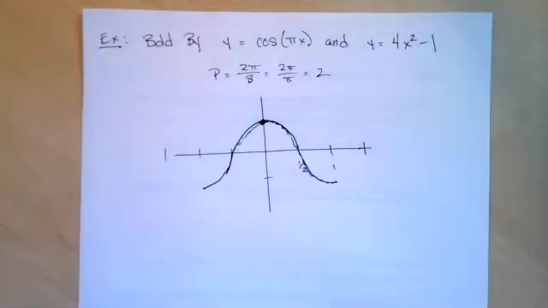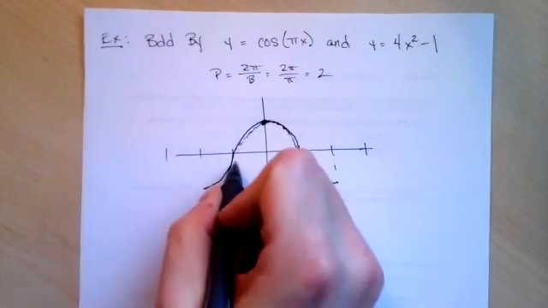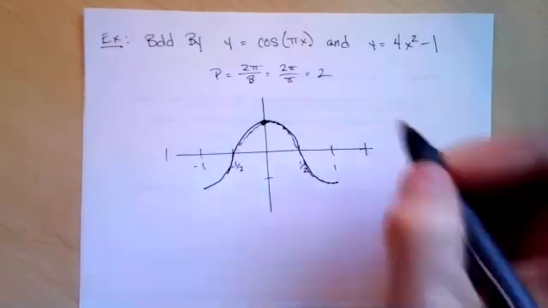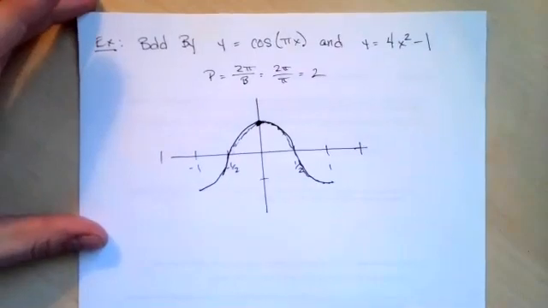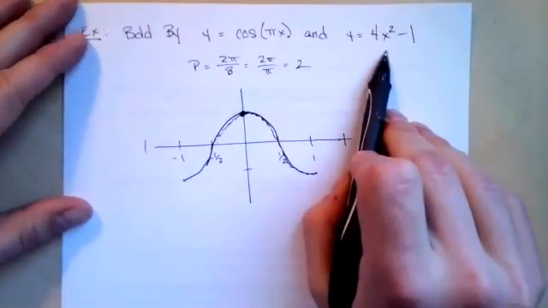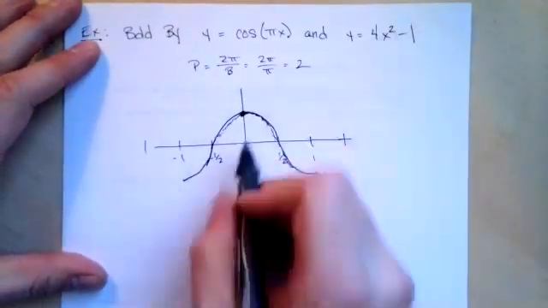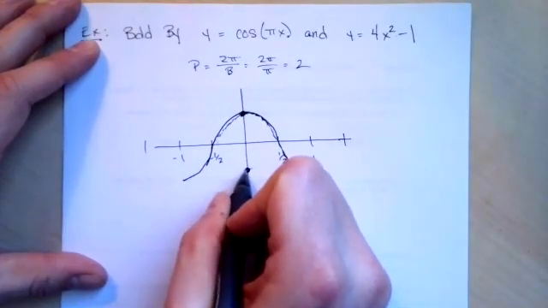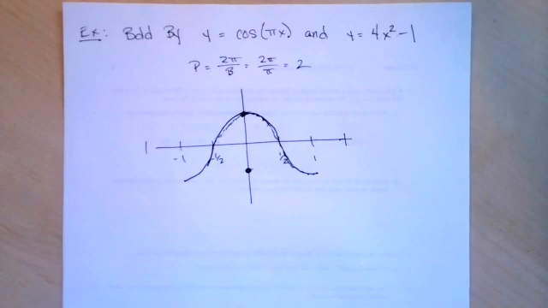Do something like that. And that one's, of course, minus a half, minus 1. And then if we want to graph 4x squared minus 1, I know that, at least in vertex form, the parabola is going to have its 0 at minus 1.